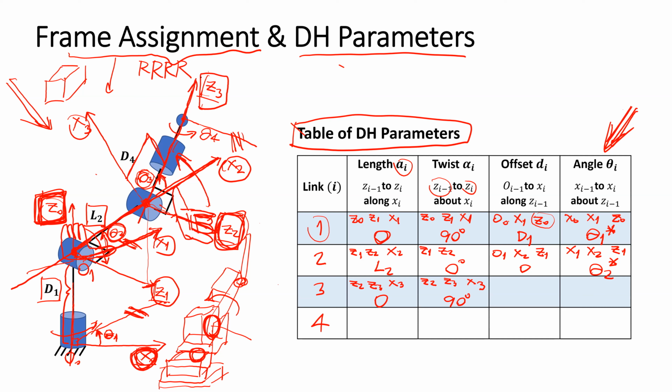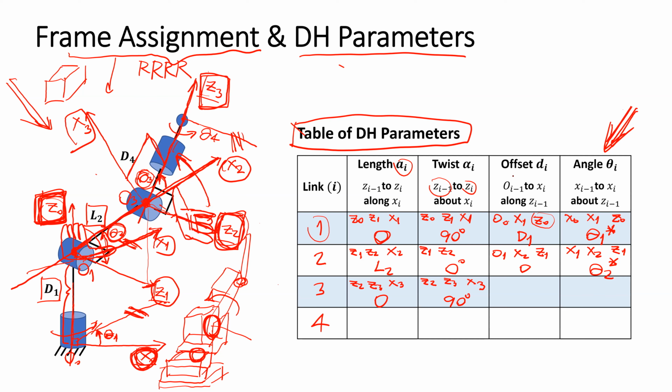You can get the direction of C3. So I put x3 in this direction. So now the origin of the frame 3 is also at this point.